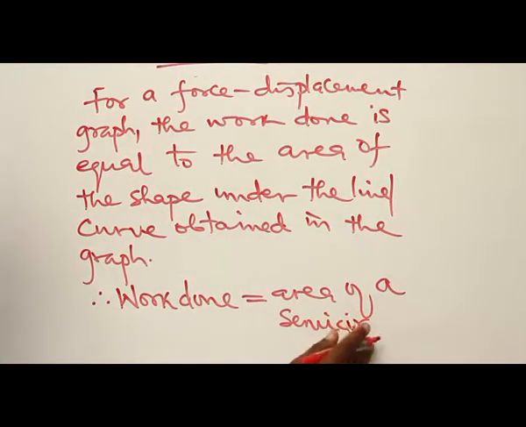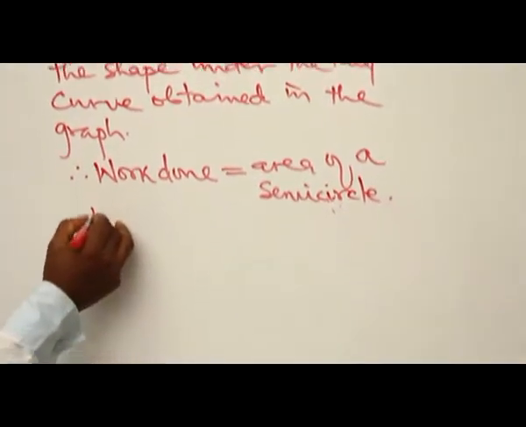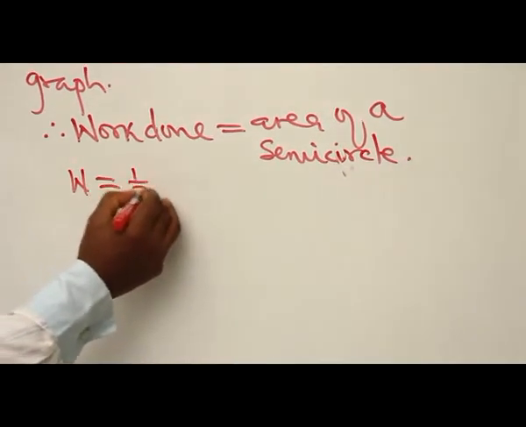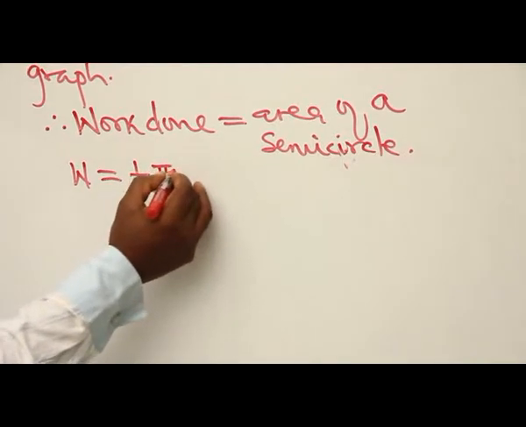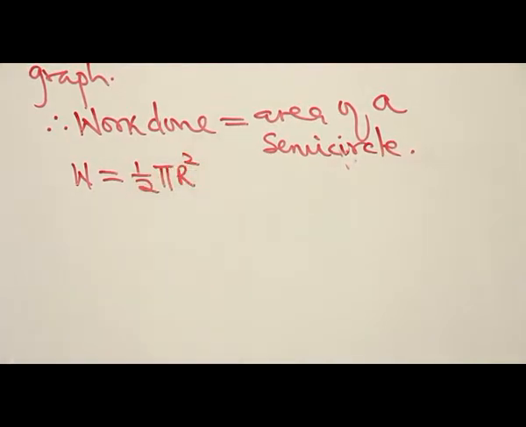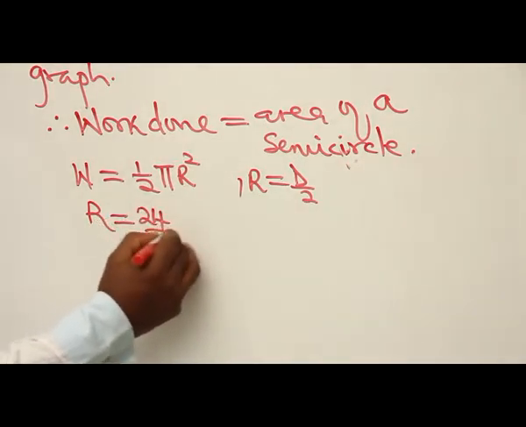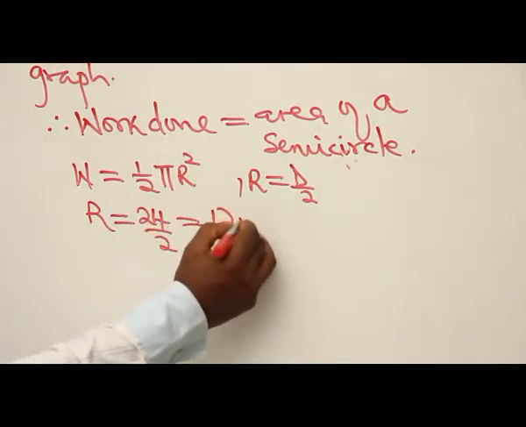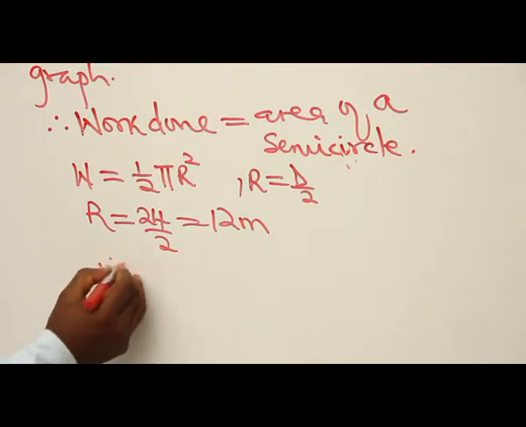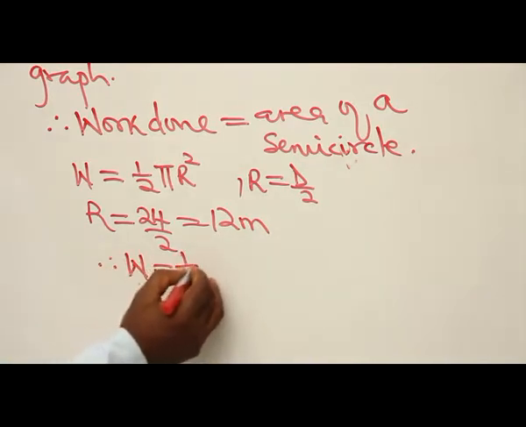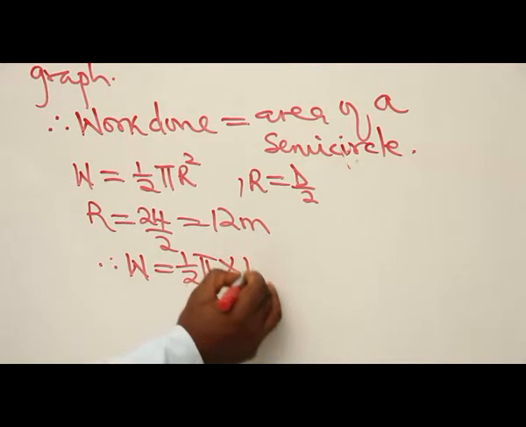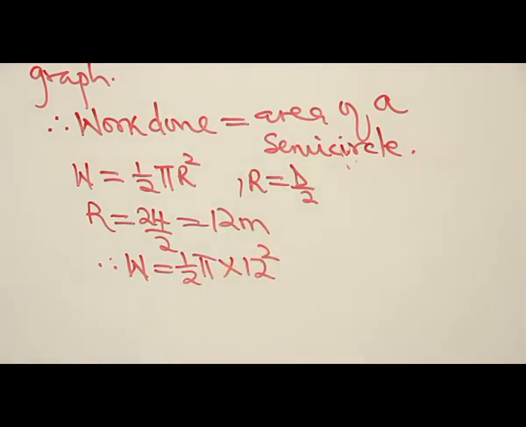Area of a semicircle. So work done will give us half pi r squared. Our radius will be 24 divided by 2, which is 12 meters. Therefore, work done will be half pi times 12 squared.